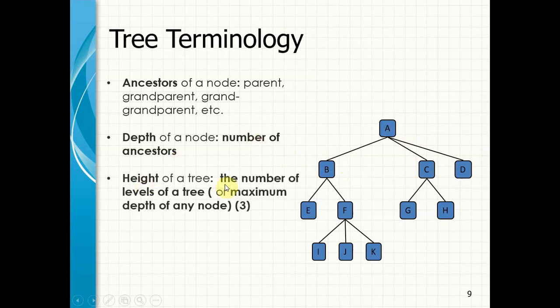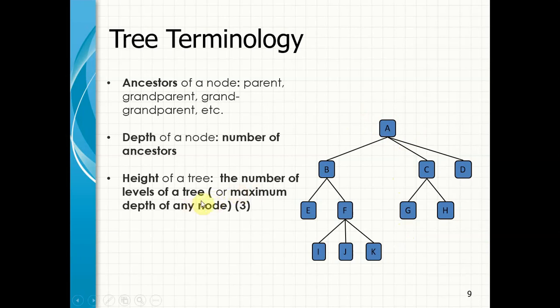So the height of a tree is the maximum level of a tree. For example, for this one, it has 3 levels. What I want to emphasize is that the root will be regarded as level 0. Therefore for this case, it has 3 levels.